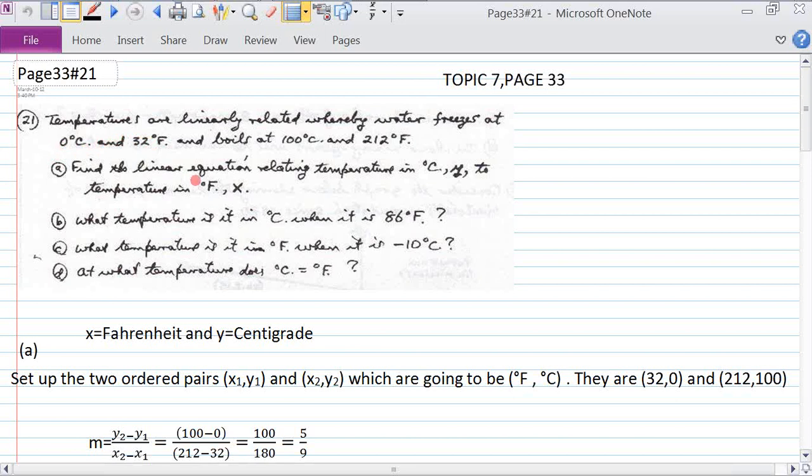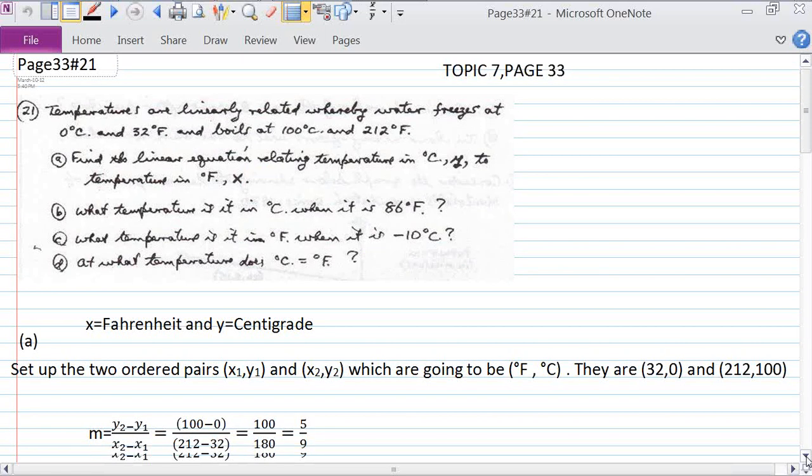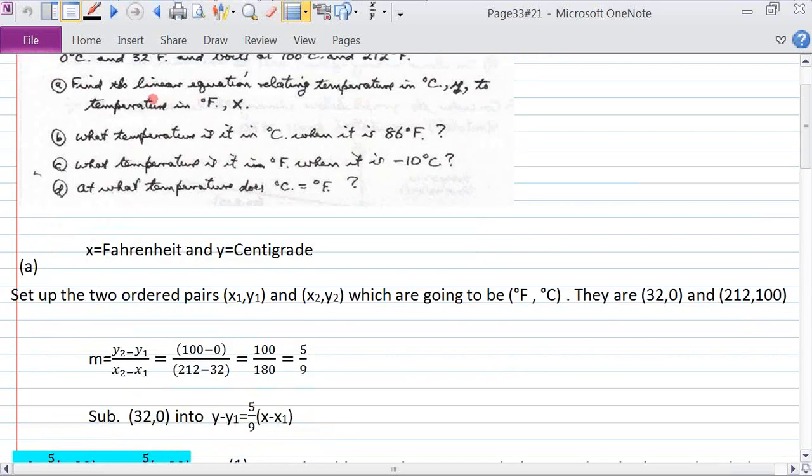It's a more complicated relationship, but it's a relationship that can be described in the form y equals mx plus b. So y equals some value of x multiplied by a value m, the slope, plus b. So the first thing we have to do is find this relationship in part A.